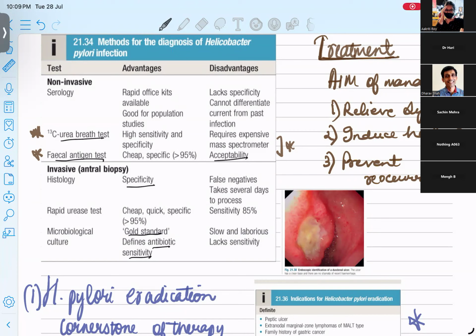Therefore microbiological culture also stands strong even after endoscopy. Though it is slow and laborious, it is still the gold standard of diagnosis.